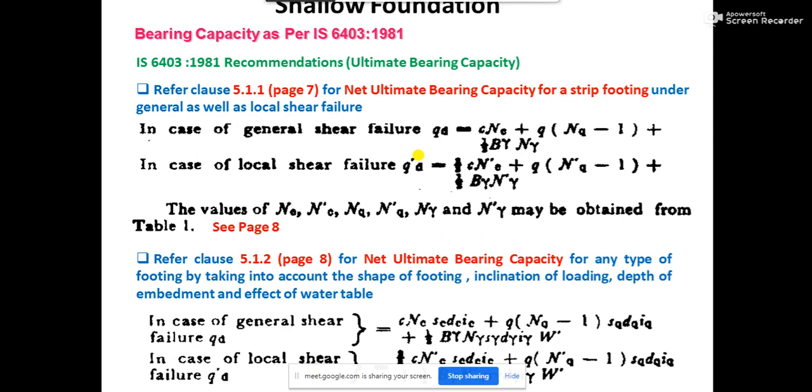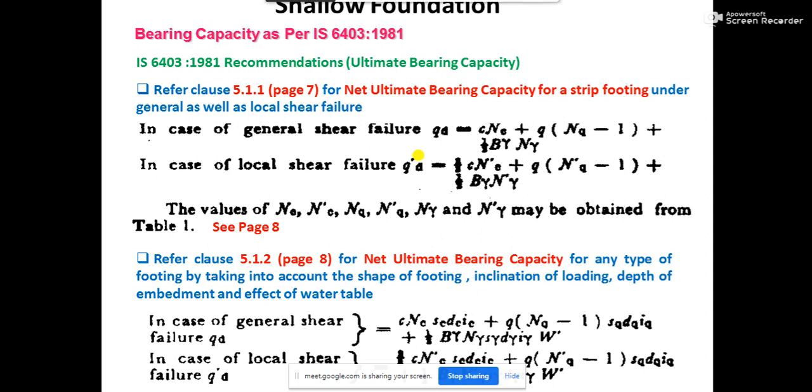Now, if you want to apply the same generic equation of Terzaghi in a general form to footings which are rectangular, circular, or square in nature, in such a case you need to introduce a factor into the equation which is called the shape factor.